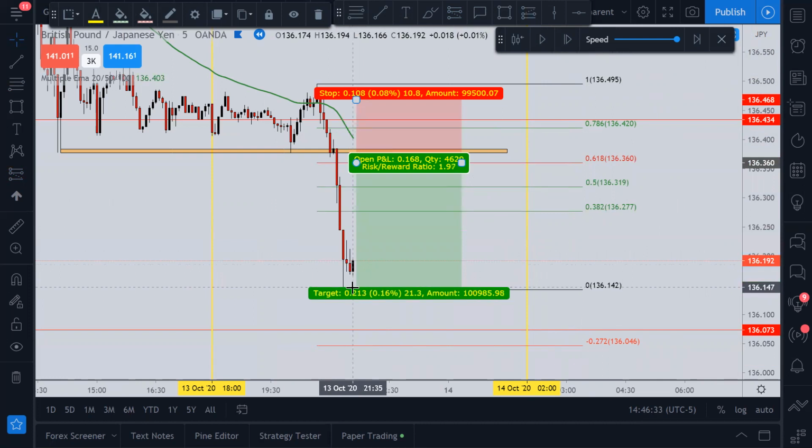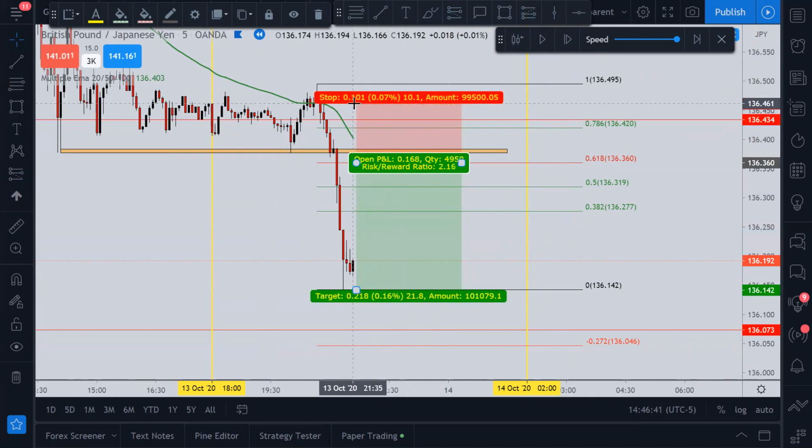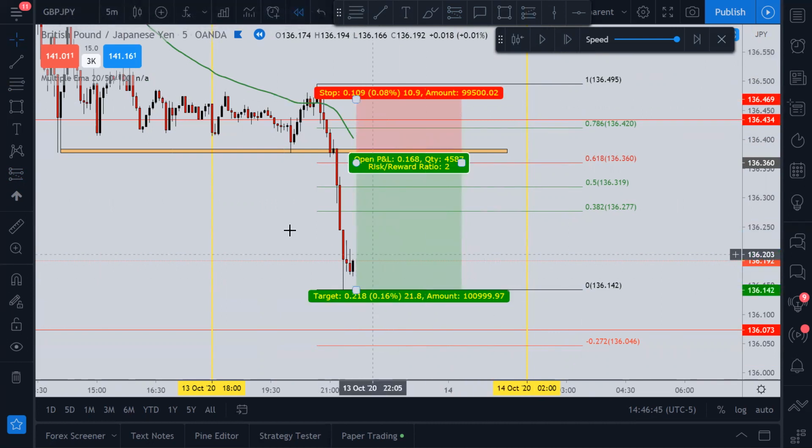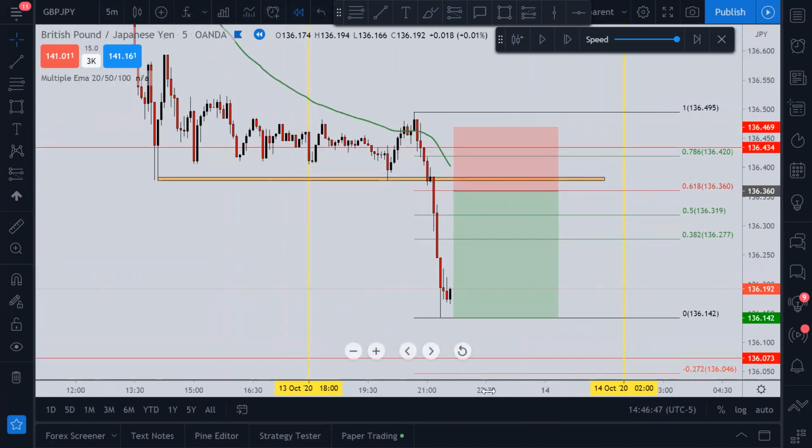let's see. I'm going to set my sell order up the way I would normally do it. All right, I get a 1 to 2 risk reward, right? I'm pretty sure, because this little area here is 1.6 pips, 1.5 pips.